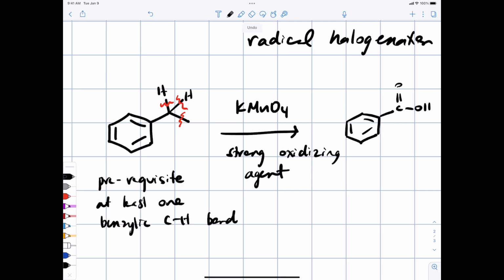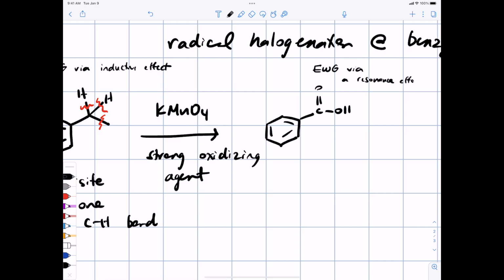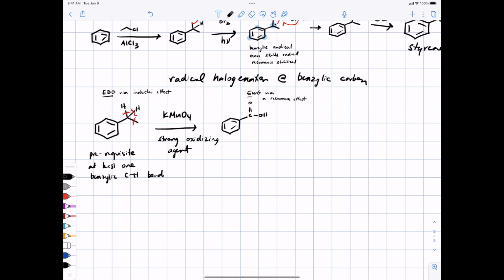We're going to see in the second half of today that an alkyl group is an electron donating group via not resonance but an inductive effect, whereas a carboxylic acid is an electron withdrawing group via resonance effect. And so this derivatization reaction changes something from a donating group to a withdrawing group, and so it has the potential to be strategically useful.